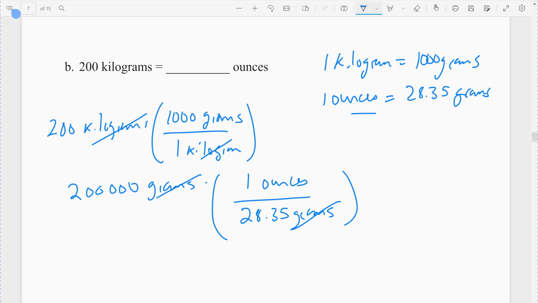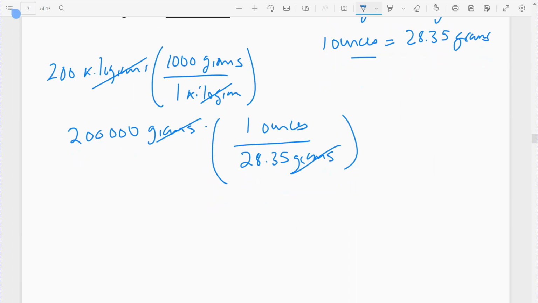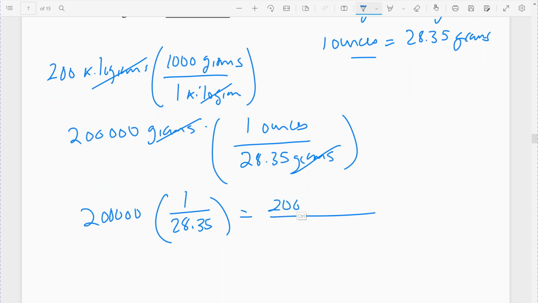So I'm going to take 200,000 grams times the fraction. When you type this out on the calculator, you can either type it out as a fraction, 1 over 28.35, or do the division, 200,000 divided by 28.35. Just make sure you're careful. Pick whichever way makes the most sense to you.